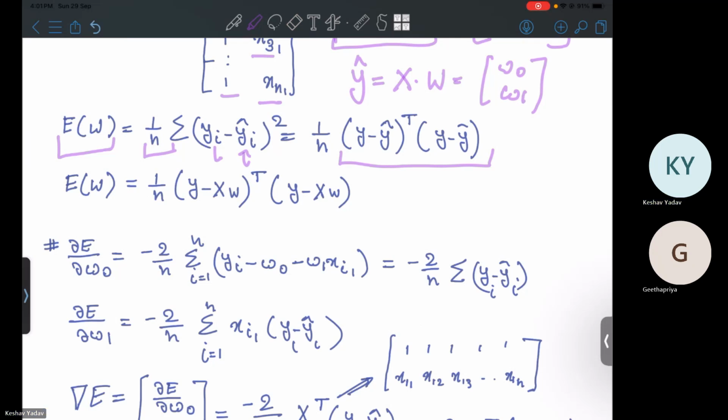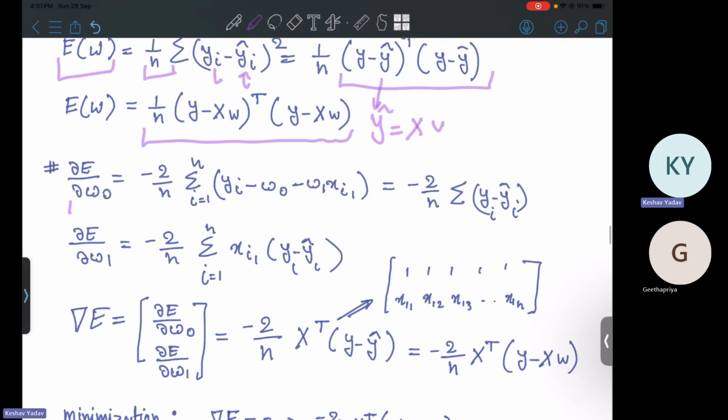From here, we can replace y hat with X W. So this will be my E of W.